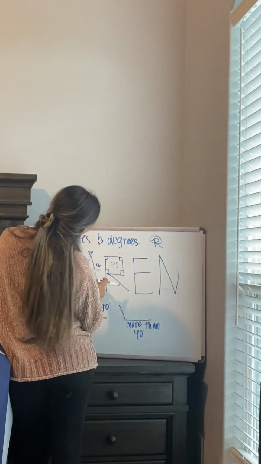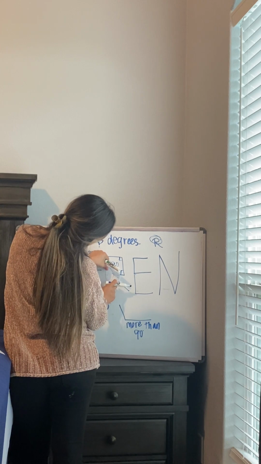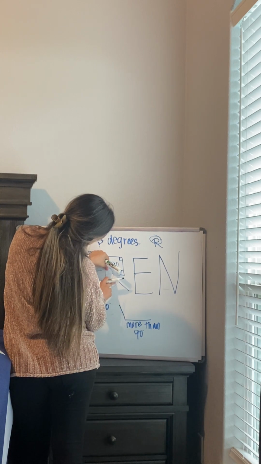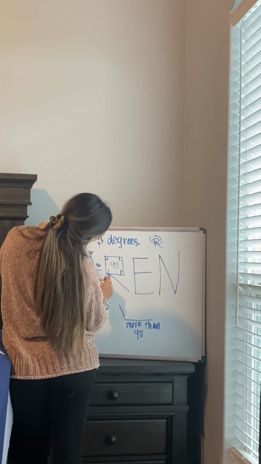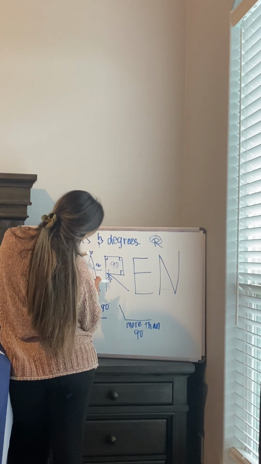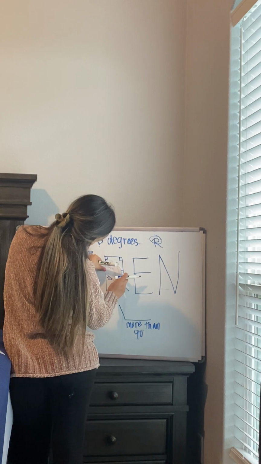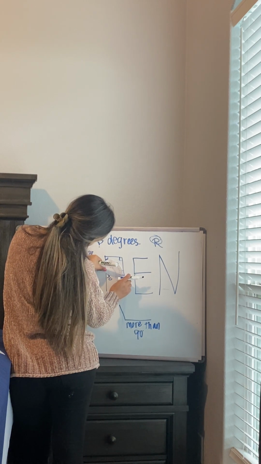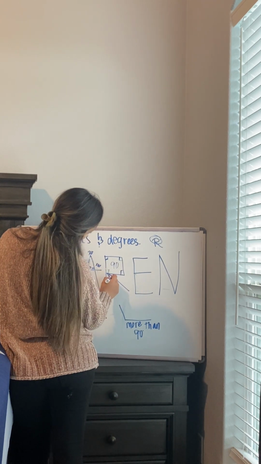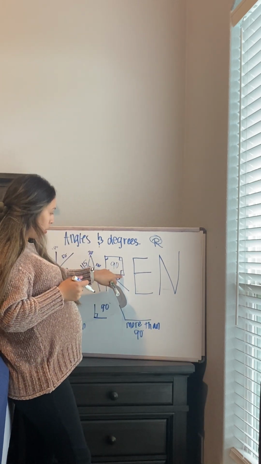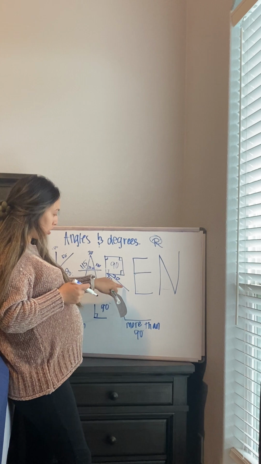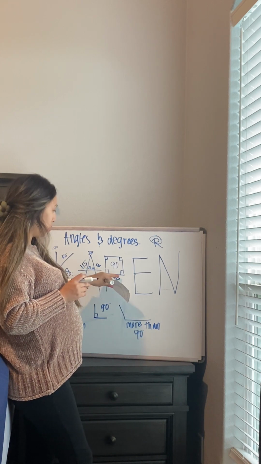This one right here, let's see. Mine is saying about 90s right there, so 70. This one is at 70. How about this one right here? This one's at 30. This one right here, you can see that it is very acute.